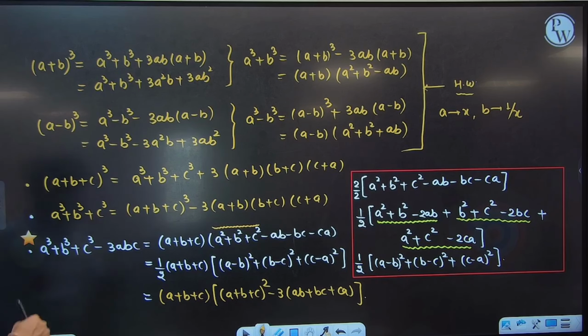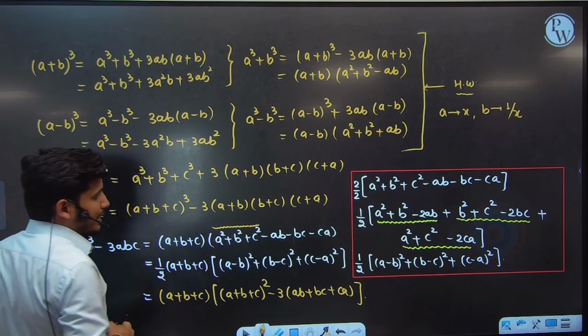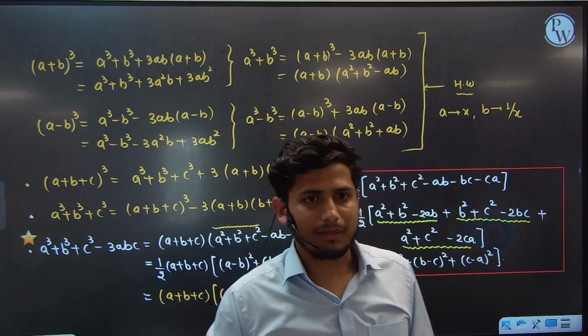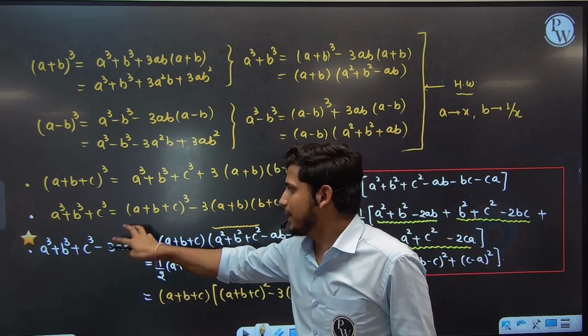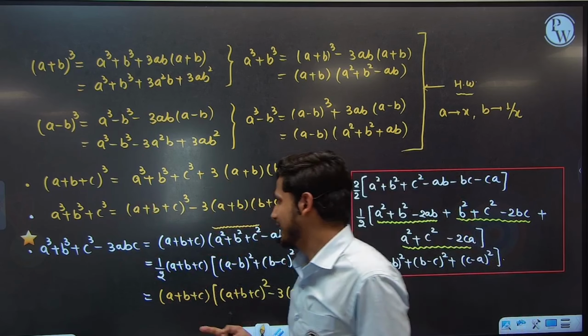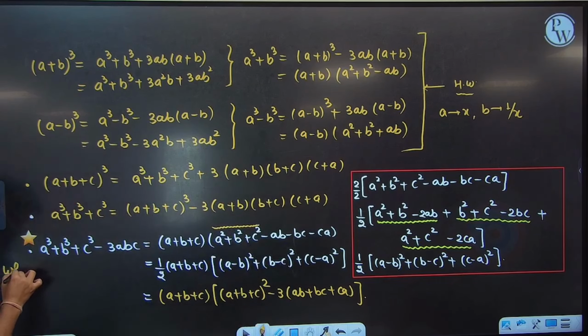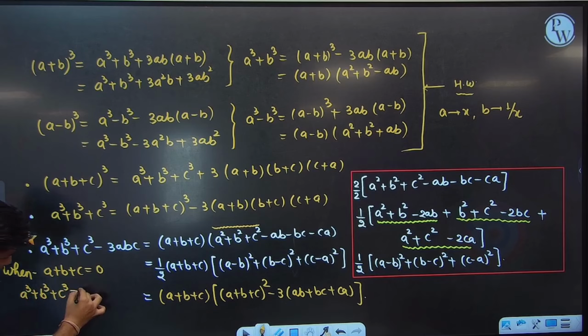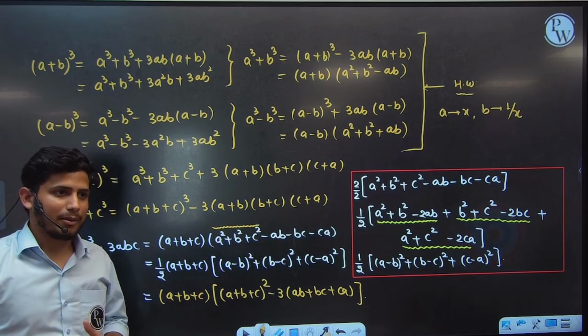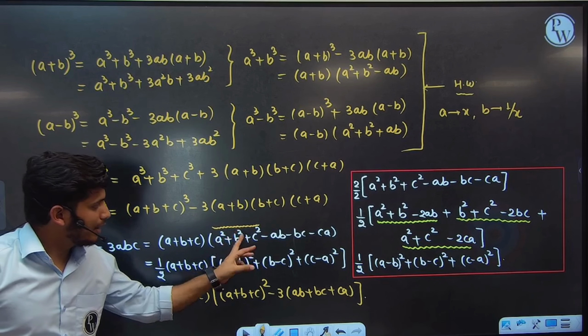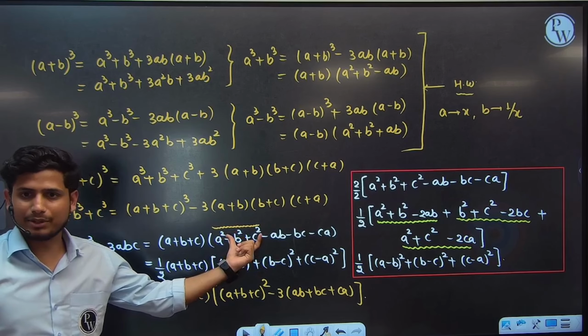Done. Okay, tell me, if the value of a plus b plus c is equal to 0, then this whole expression is equal to 0, and minus 3abc is equal to plus 3abc. So here is the result also: when a plus b plus c is equal to 0, then a cube plus b cube plus c cube is equal to 3abc, and either this is 0 or this is 0 for making it 0.